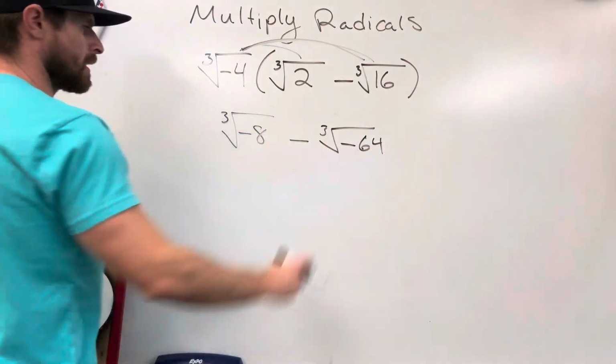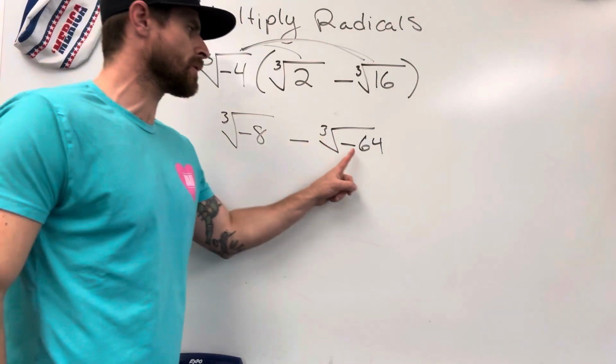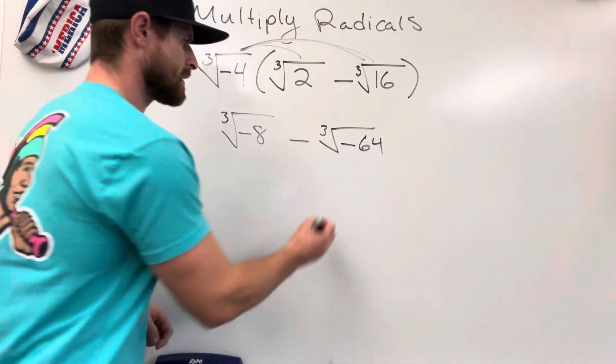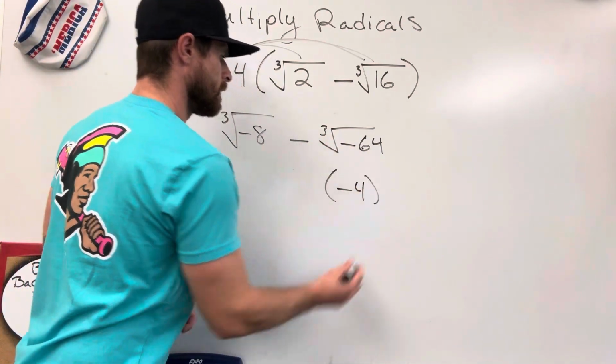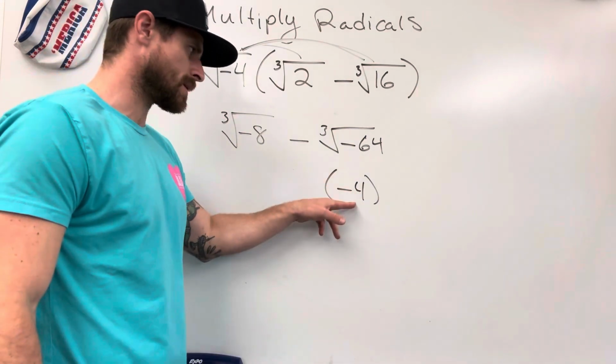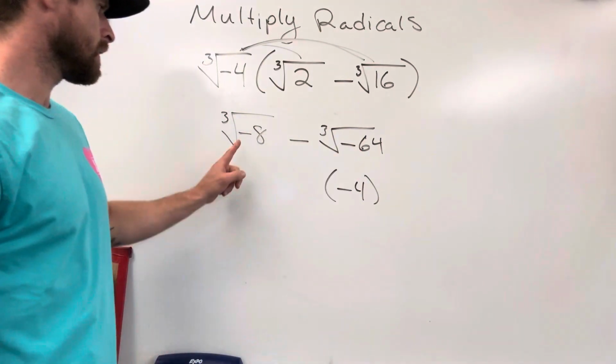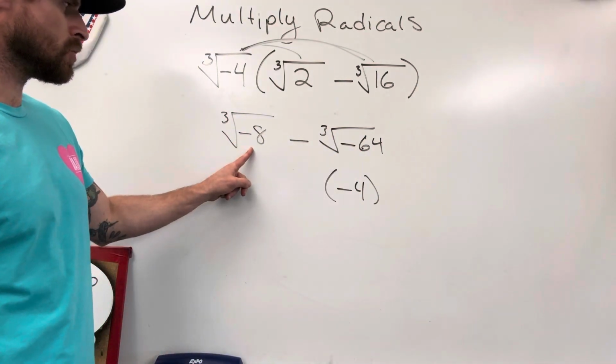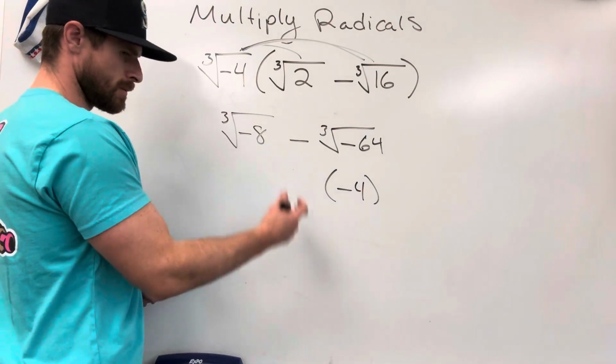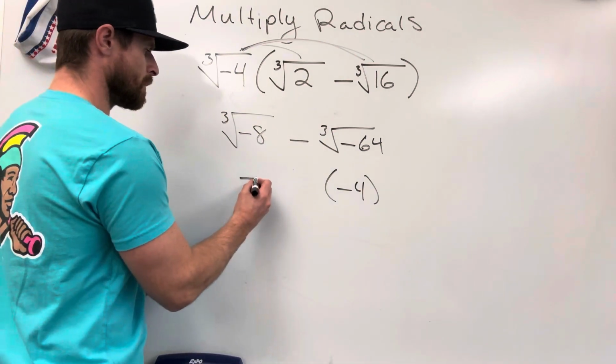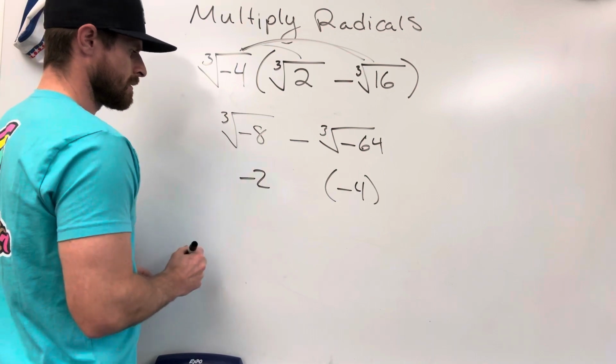Well, that's a good number. I like that number because I know that the cube root of -64 is going to be a -4. -4 times -4 times -4 makes -64. -2 times -2 times -2 is what makes -8.